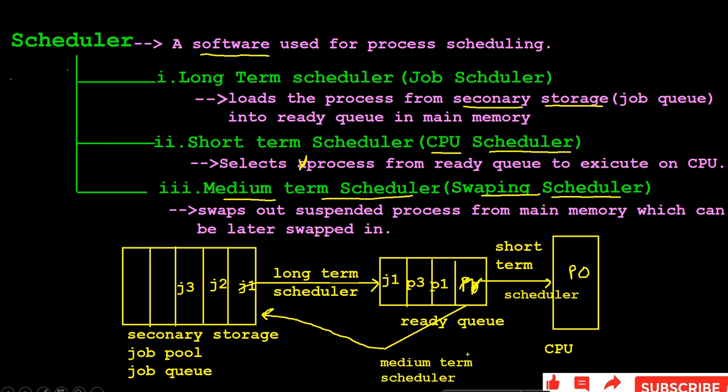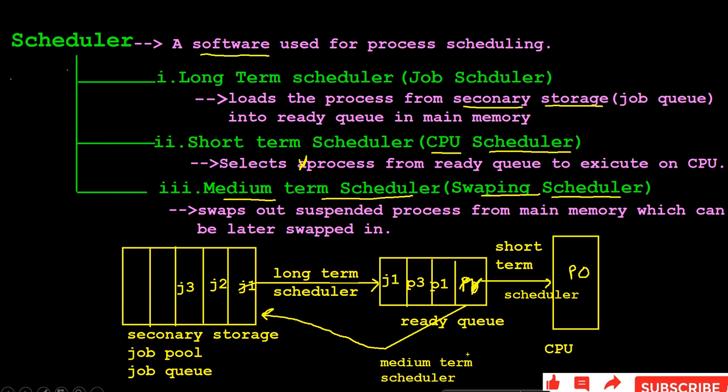So the brief of this lecture is: the scheduler is the software which will select the processes for execution. As we said, we have three types of schedulers: long-term scheduler, short-term scheduler, and medium-term scheduler. The long-term scheduler will select the programs from secondary memory, secondary storage, which is also called the job pool or job queue, and load them into main memory.